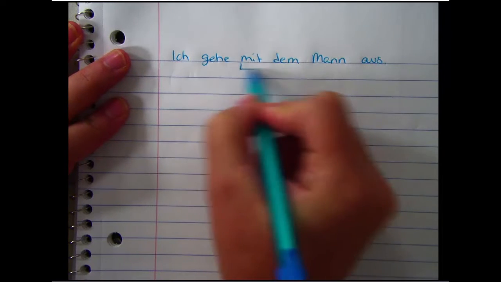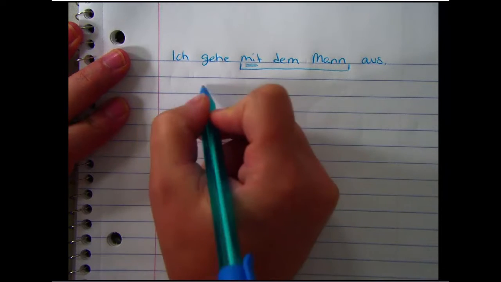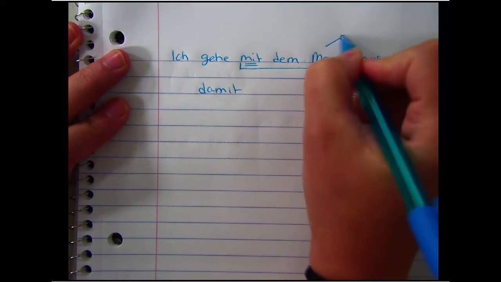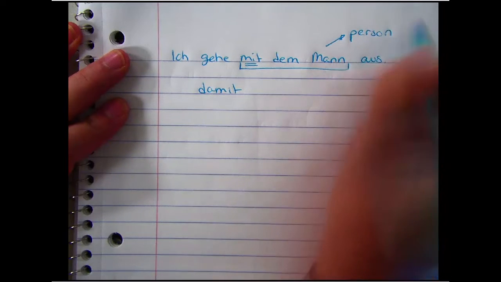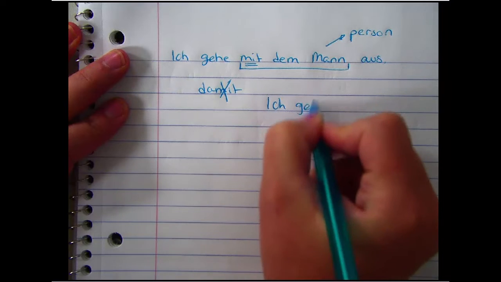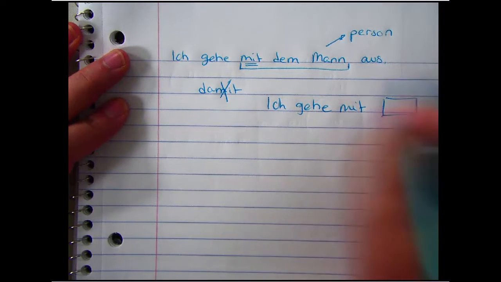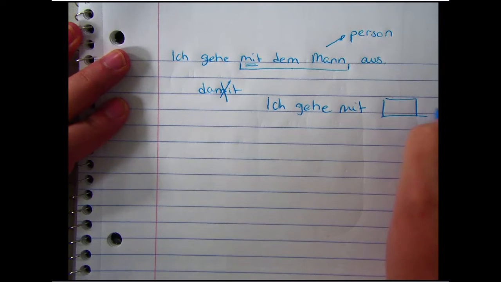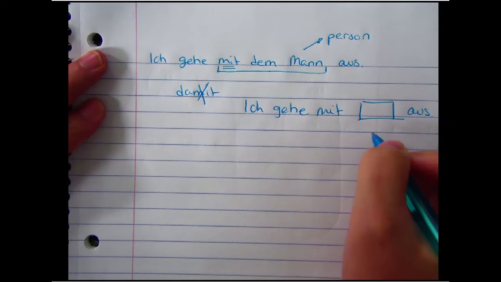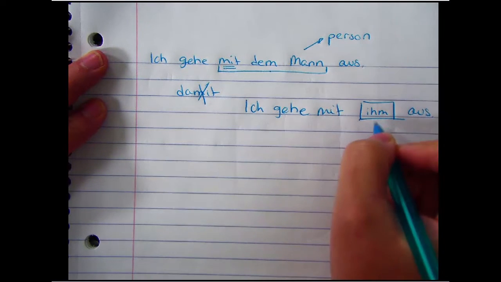So here's your prepositional phrase. There's the preposition. We have a da compound that's damit, okay? But because this is a person, you're not going to use it. So you would say, ich gehe mit, and which one is it? Because it's a pronoun and it's in dative case. It is ihm. So ich gehe mit ihm aus.